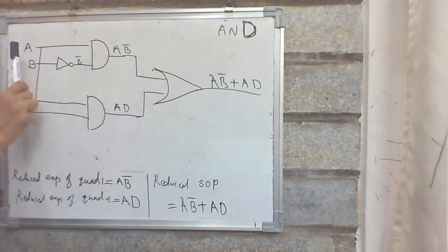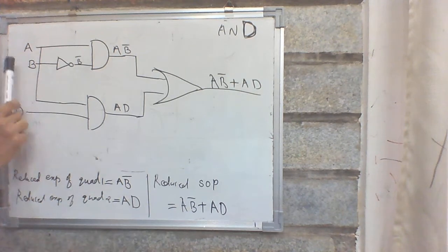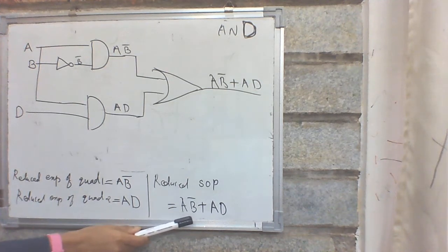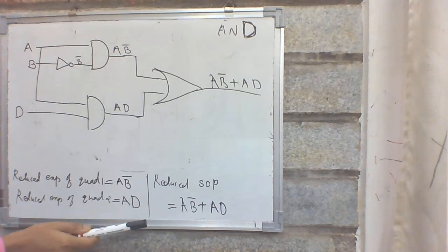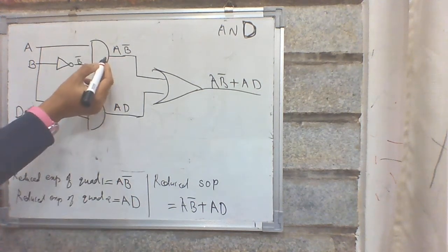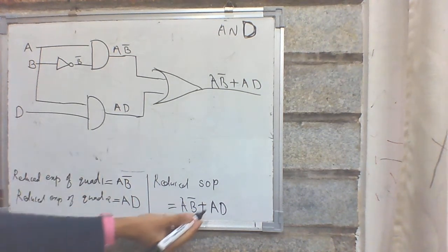A, B bar: first itself, which is the variable A. Next, B bar. For representing B bar, we need one NOT gate. Then how to represent A, B bar? This is multiplication, so we need AND gate. AND gate is this D diagram. Then output of this AND gate is AB bar. Next term is AD.